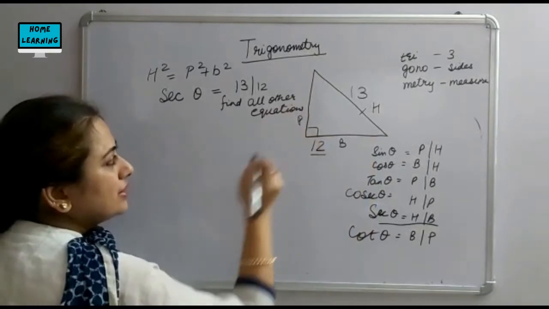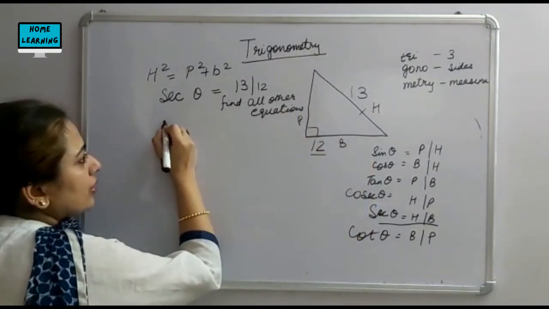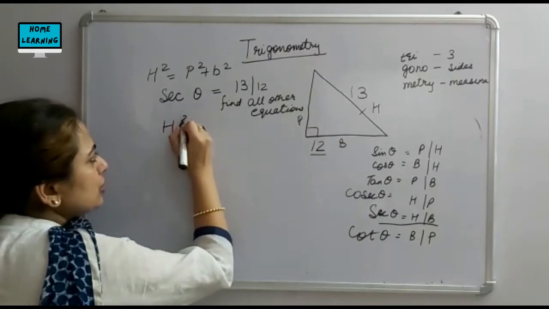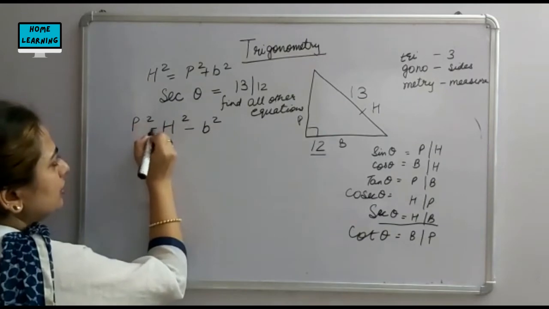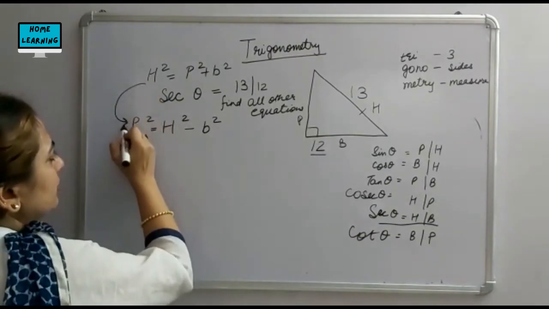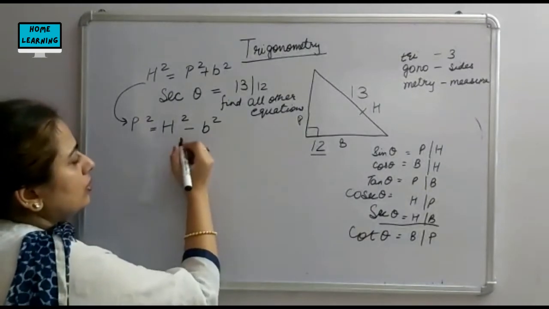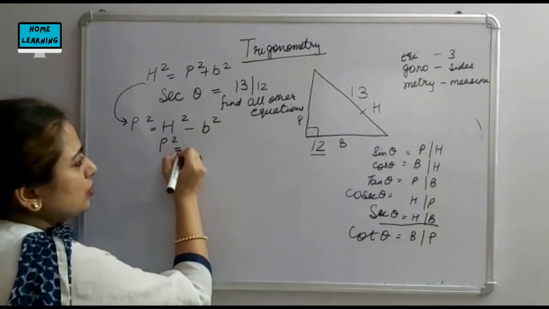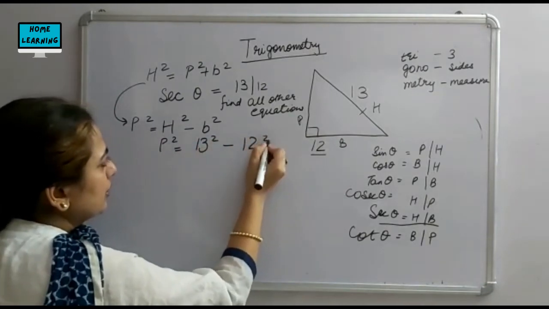Now we have to find first this side. So this side is hypotenuse square minus base square is perpendicular square. This comes from this equation. Okay, so p square is equal to 13 square minus 12 square.